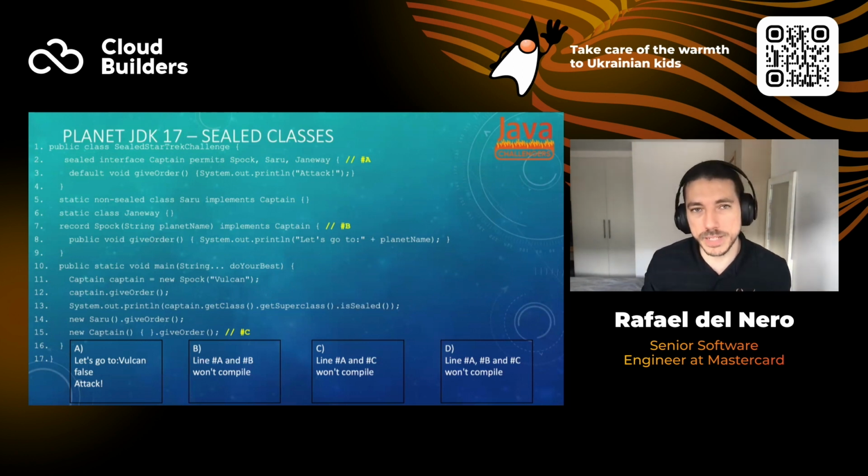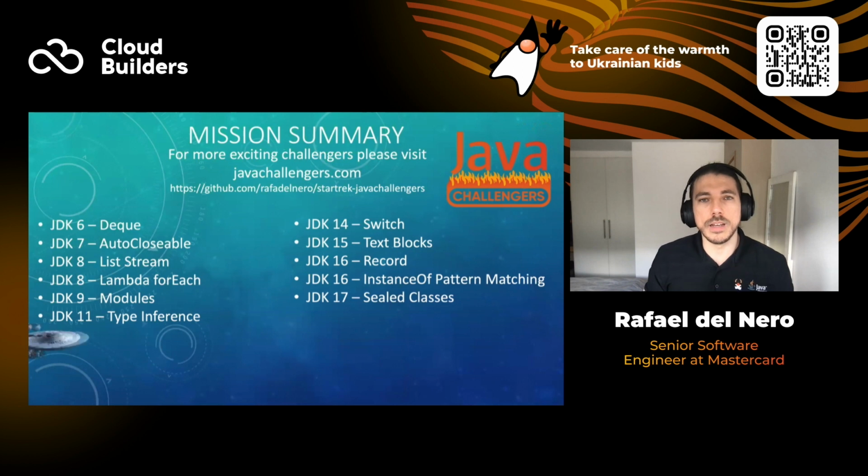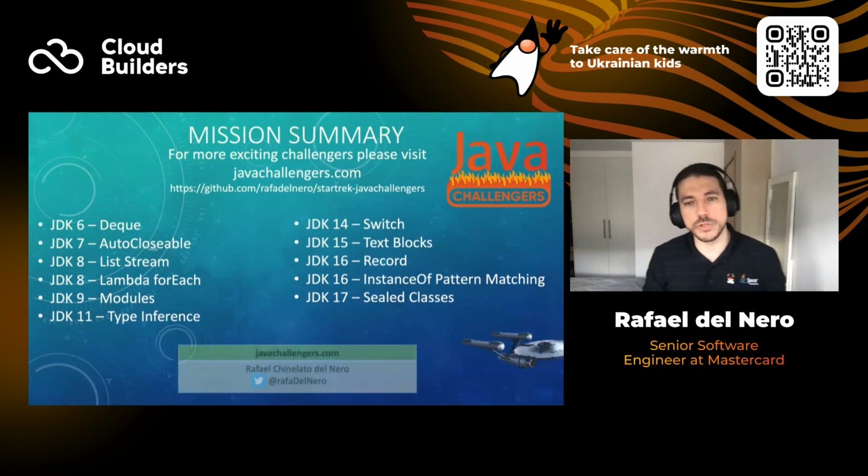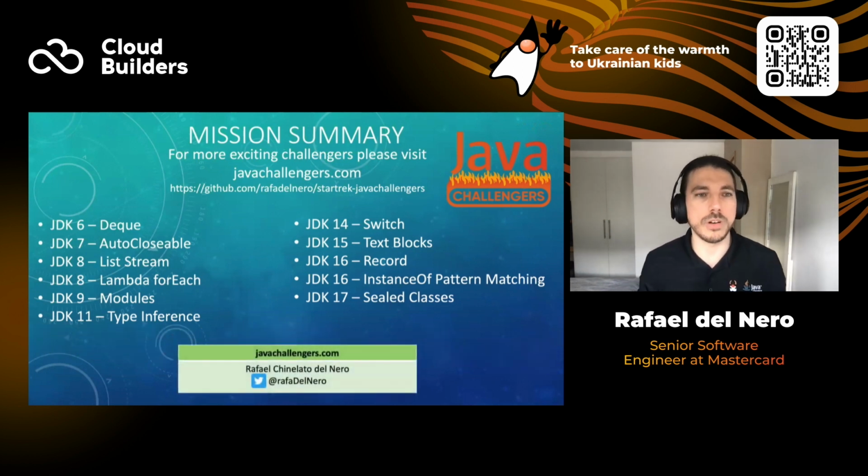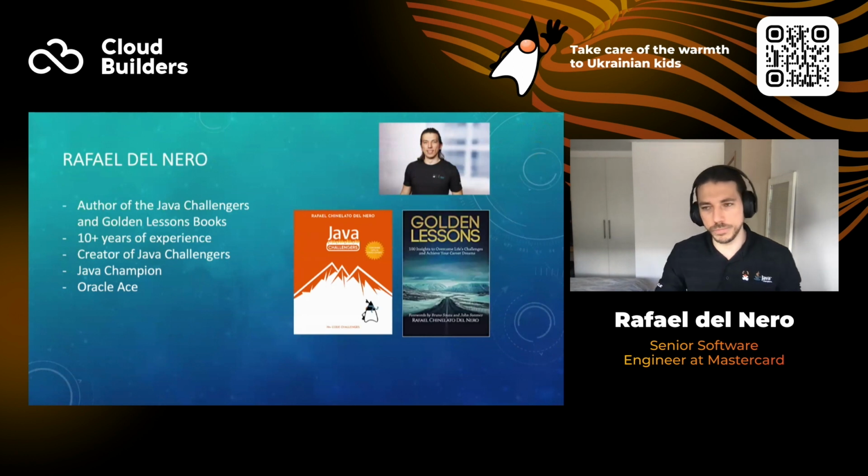Sealed classes are important because you can make a better code design, and you can restrict inheritance. Okay, so this is what we saw here. So we saw the queue, type inference, lambdas, sealed classes, instanceof. So we talked a lot about many important concepts.